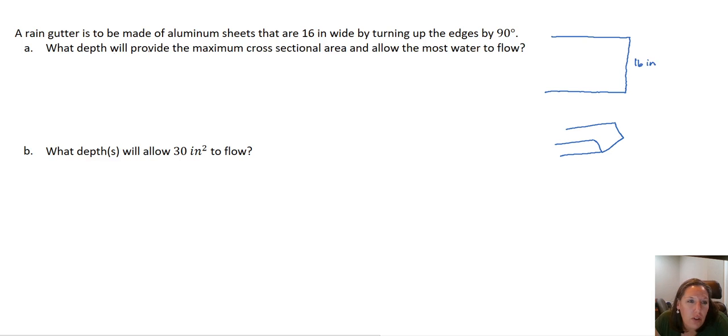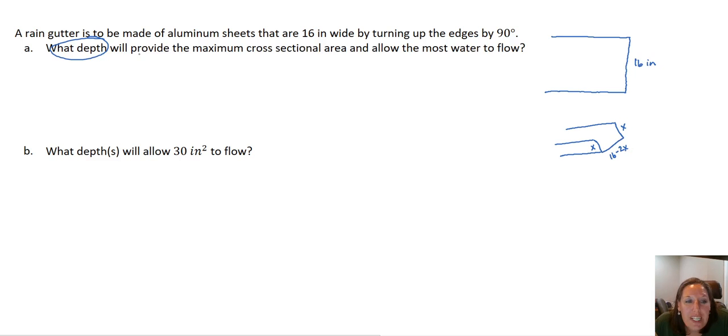So if we let here, we're wanting to know what depth, and so we'll call that depth our variable x. So we'll let x be that depth, and it's going to be the same on both sides. So if we take 16 inches and we fold up x inches on the left and x inches on the right, what we're going to be left with across the bottom is going to be 16 minus 2x.